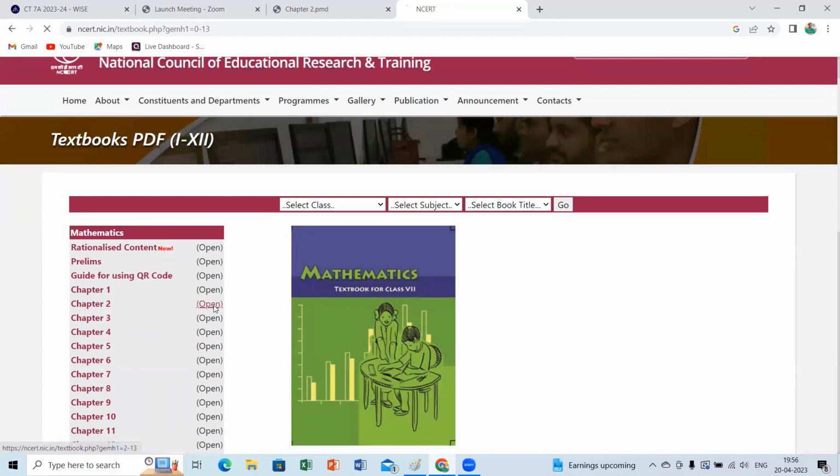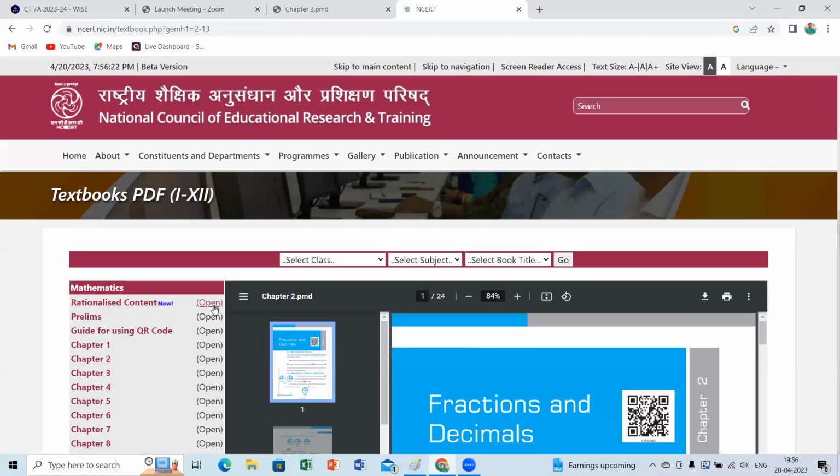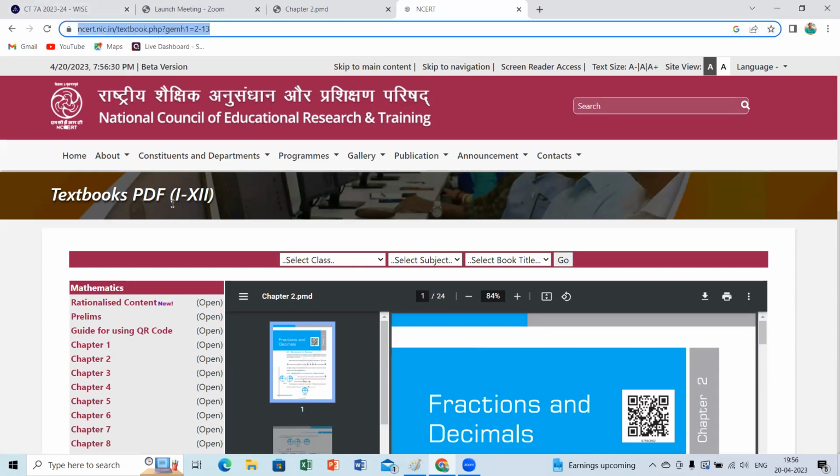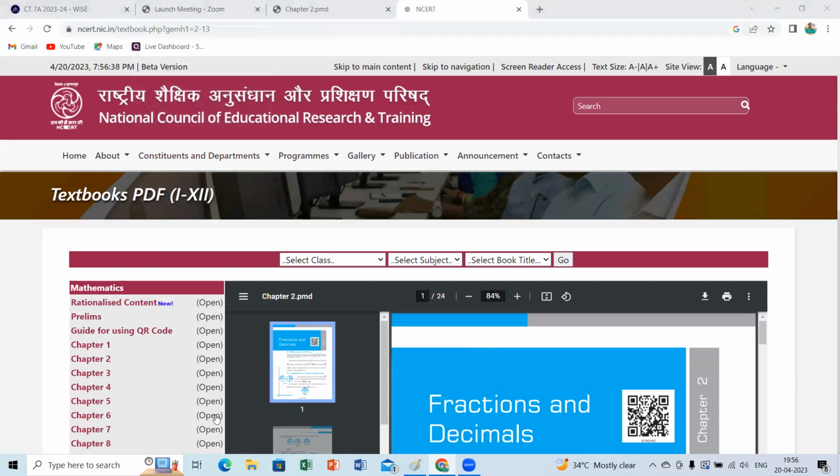Which link should I share for students to copy? Through the chat box you can post it so that they can download on their desktop. For everyone. Send it.